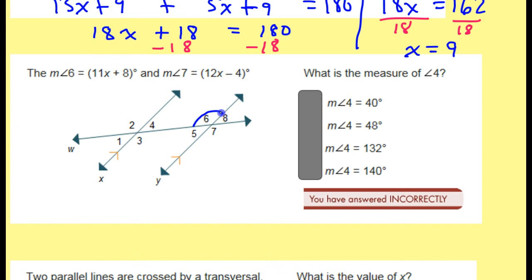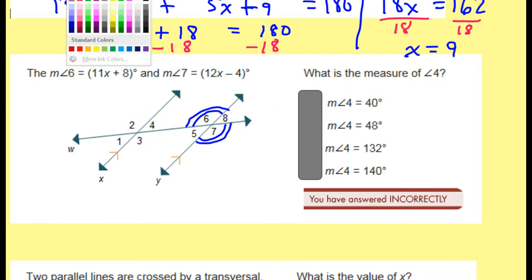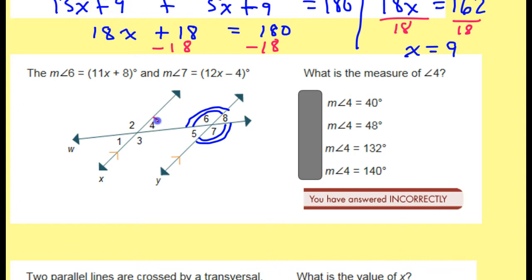So we have an obtuse angle here, and we have another obtuse angle here. What about angle 4? Angle 4 is acute. Of course, the obtuse angles will be equal, and they should be supplementary to the acute angle.